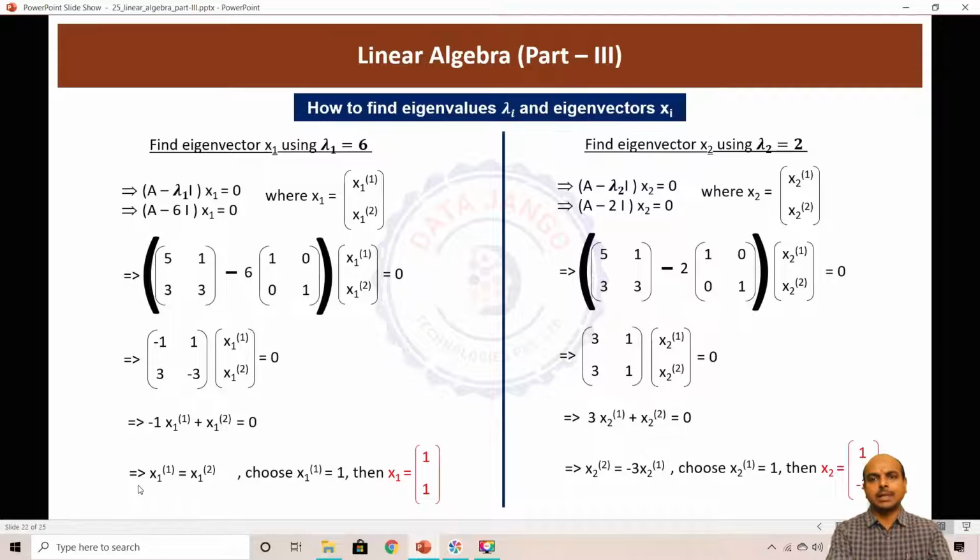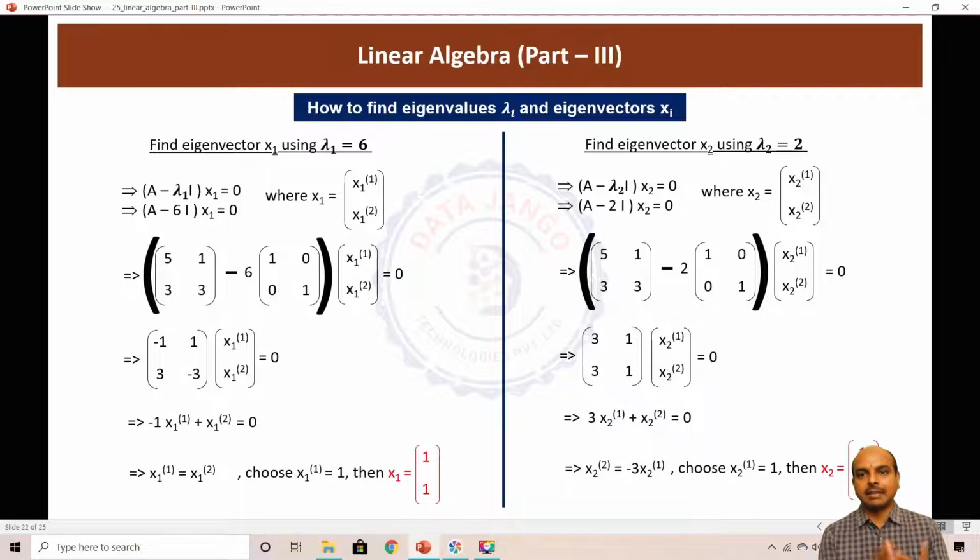If you take this as 1, that becomes the eigenvector 1 1. On the other side, for the x2 eigenvector, when you multiply this, you get x22 is equal to minus 3 times x21. That means if you take x21 is equal to 1, it becomes minus 3. So this is 1 and this is minus 3, so the eigenvector is 1, minus 3. This is how we derive the eigenvalues and eigenvectors for a matrix, and this is how we do eigenvalue decomposition.